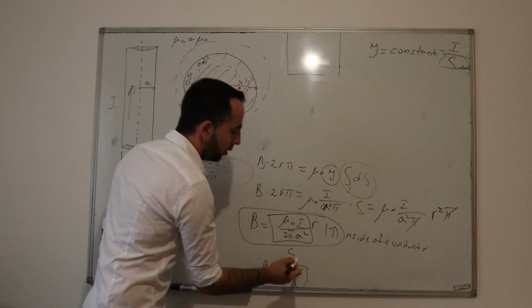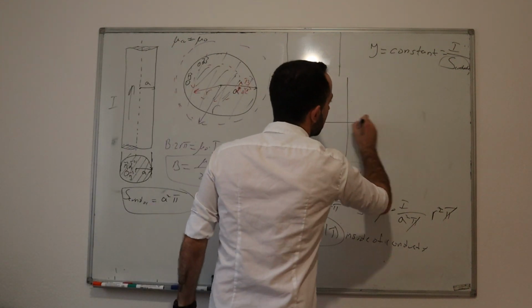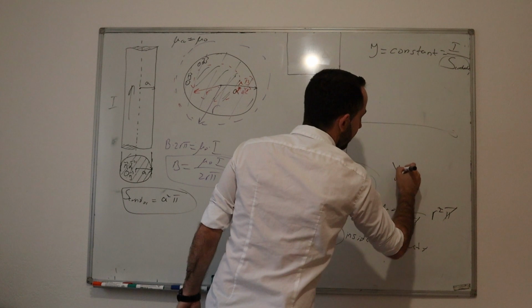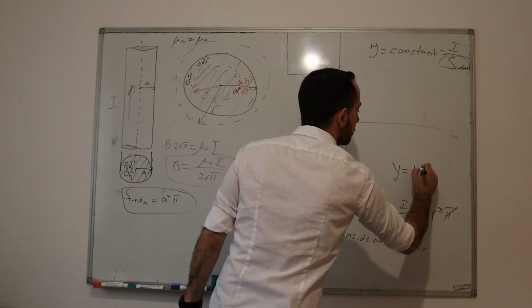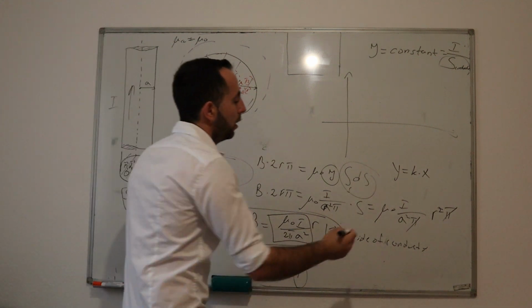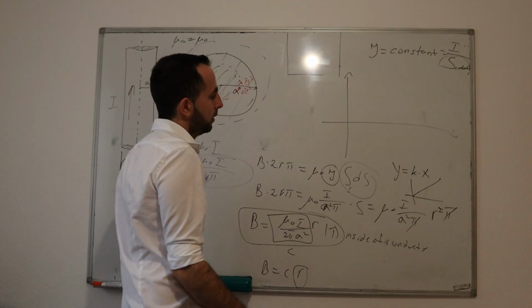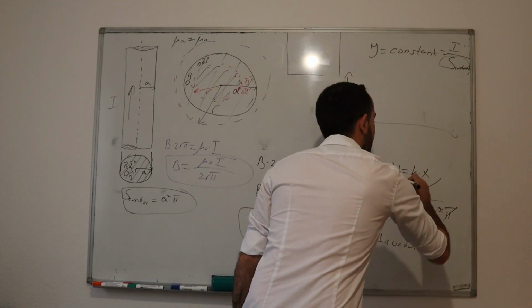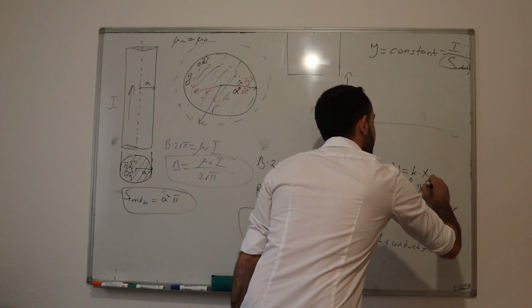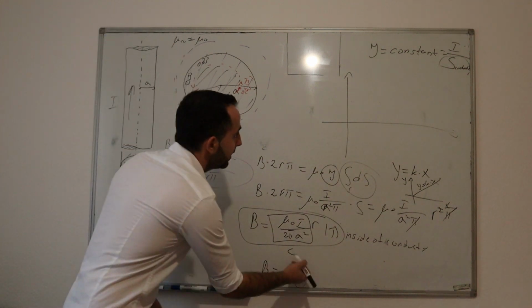So it is a function of r. How does y equals some constant times x look like? Well, we say it's a straight line. This is y, x, y equals q times x. It is a straight line. We say this is the same.